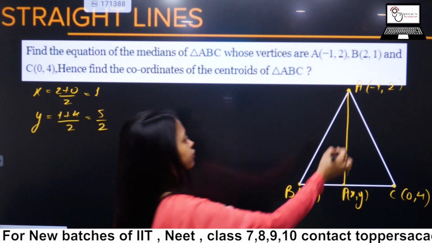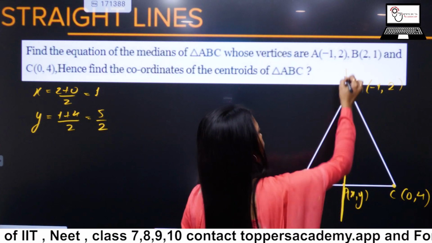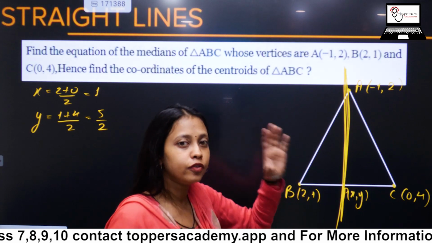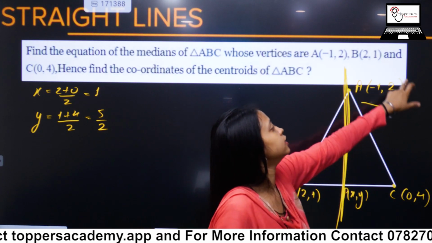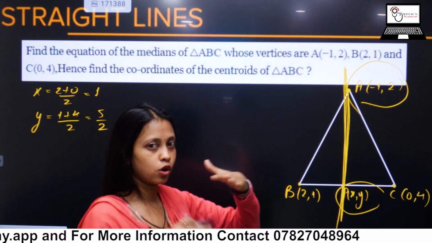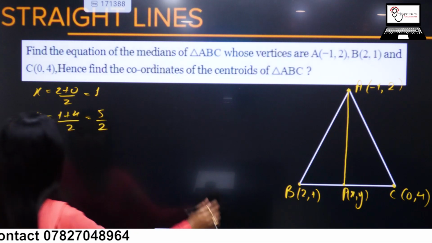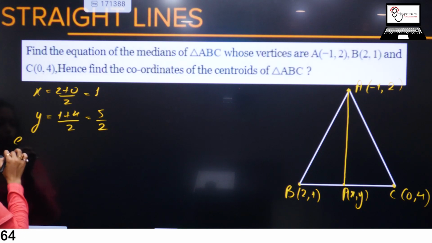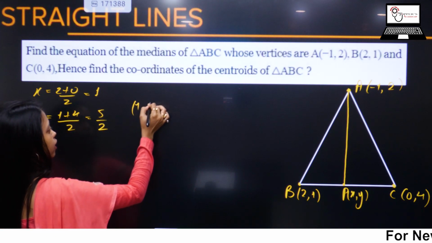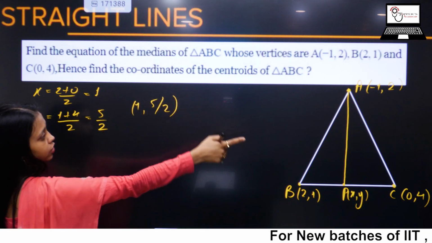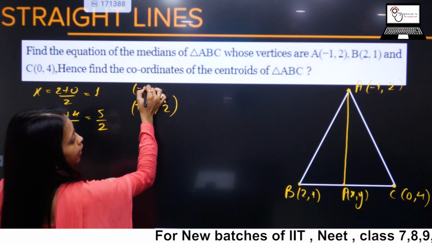Now, you have a line, and they are asking about the equation of this line. On this line, you already have 2 points. This is point A, this is point P. You already know these 2 points, so you can find the equation of the line using the two-point form. One point is 1 comma 5 by 2, and the other point is minus 1 comma 2.